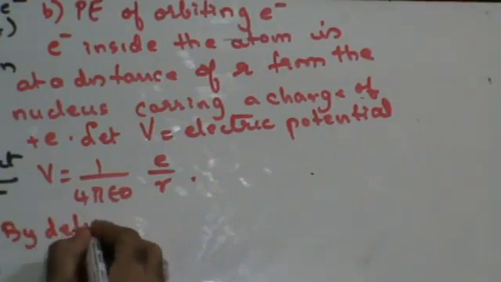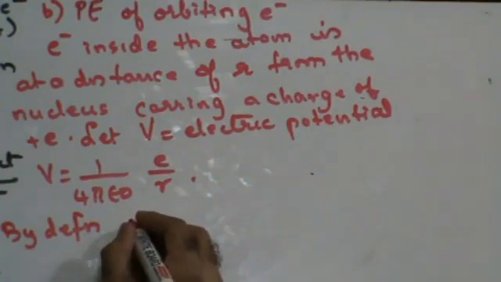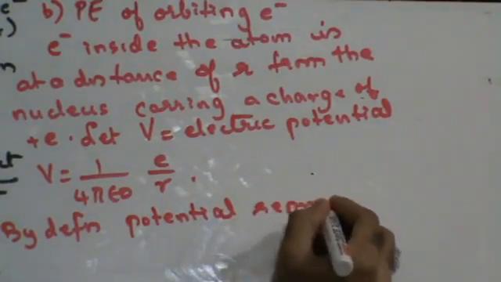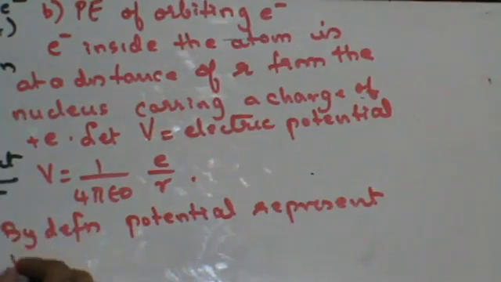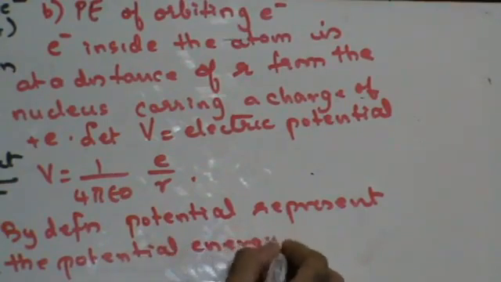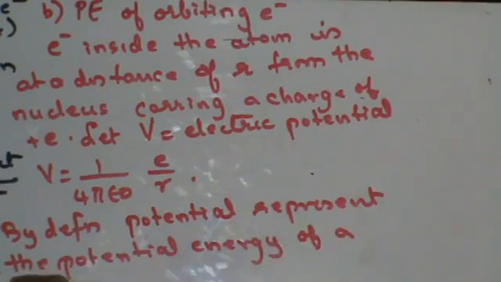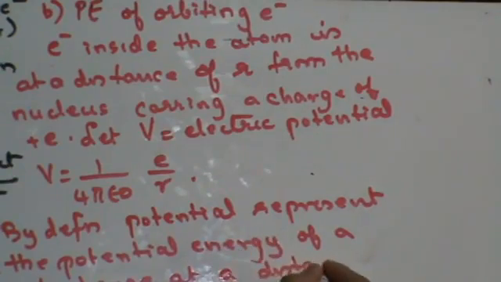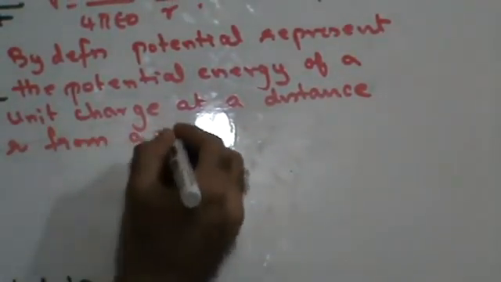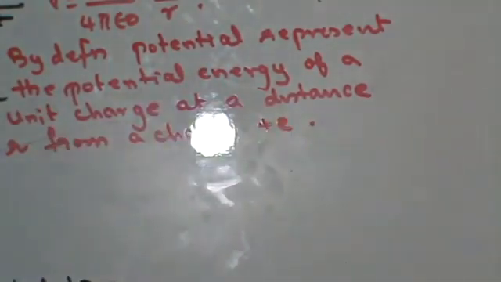What is electric potential? By definition, potential represents the potential energy of a unit charge at a distance R from a charge of plus E, right?